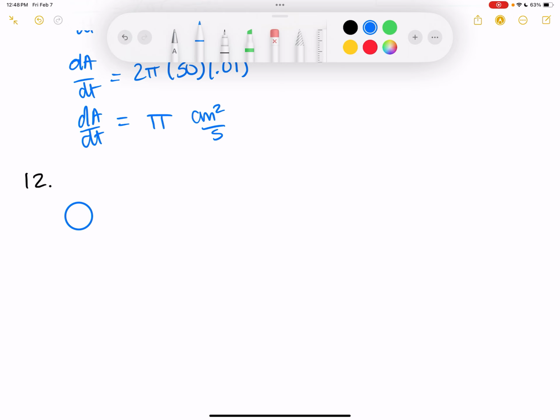So, I'm going to go ahead and write out the formula for volume of a sphere: 4/3 pi r cubed. Let's see, things that I might need are dr dt, V, and dV dt.